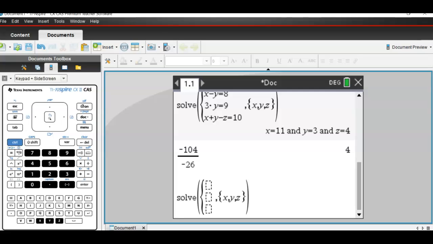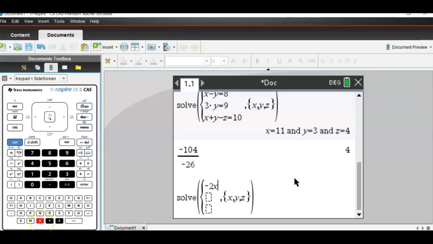So I'm going to do example 4. I'm going to type this out real quick. Negative 2x equals 10. Go down. x plus 3y plus 4z equals 40. Go down. x plus z equals 7.